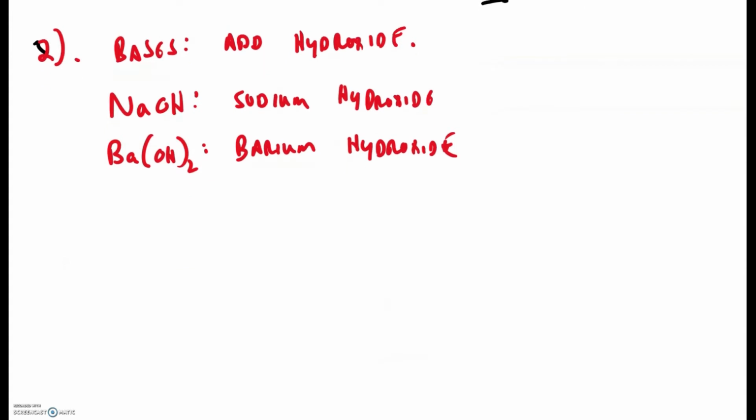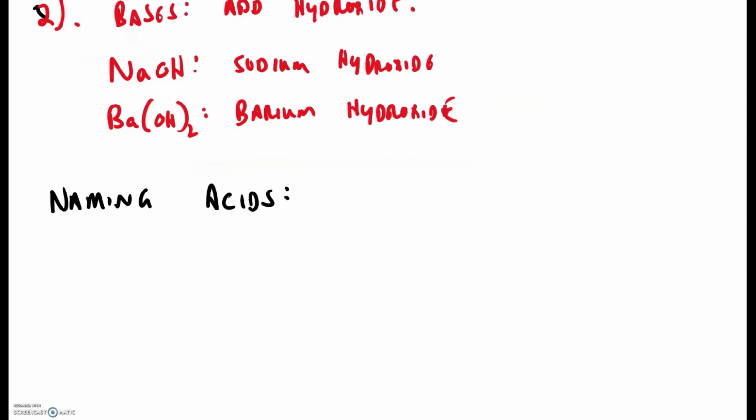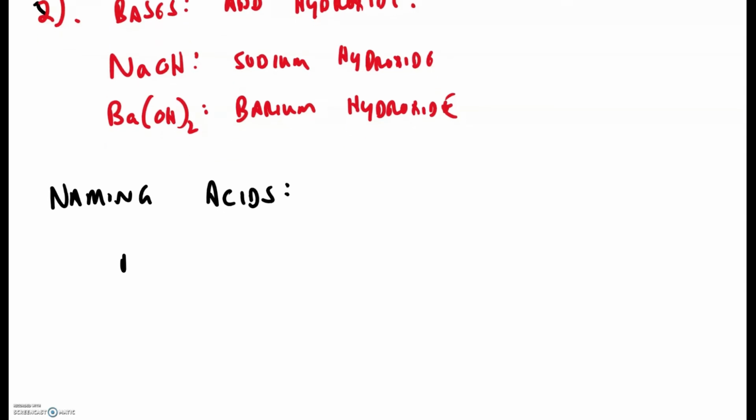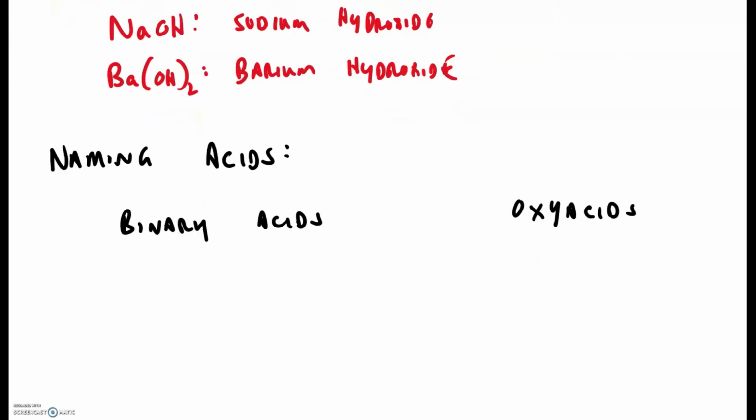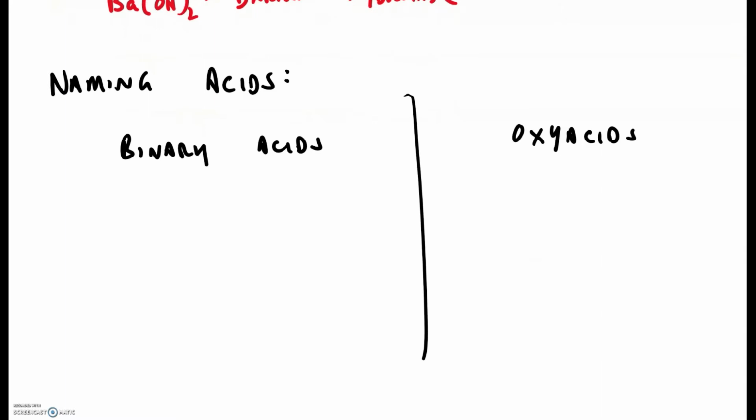But when it comes to naming acids, we're going to break naming acids up into two different categories: binary acids and oxyacids. All right? Draw a line down here so we don't get them mixed up.